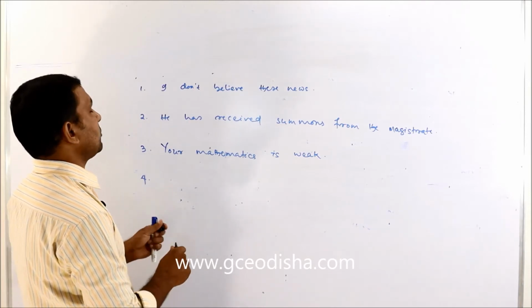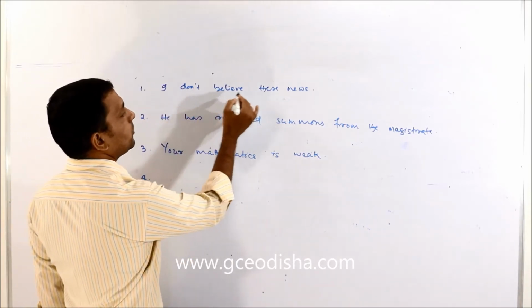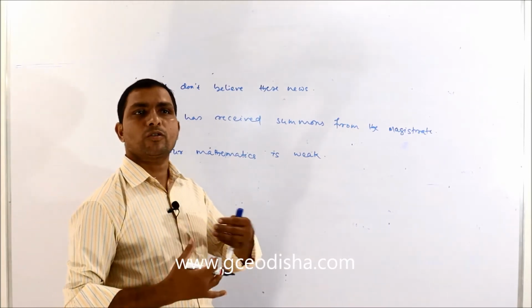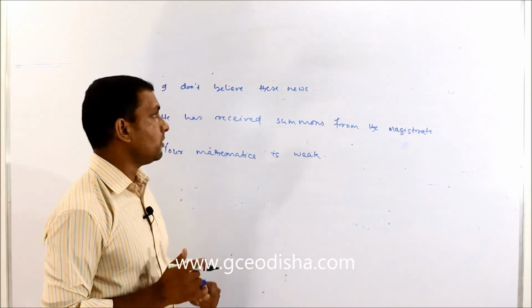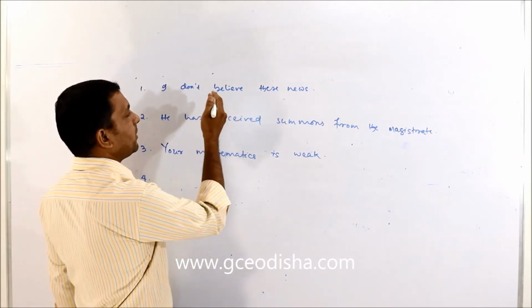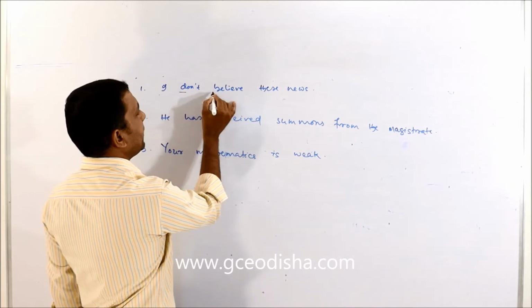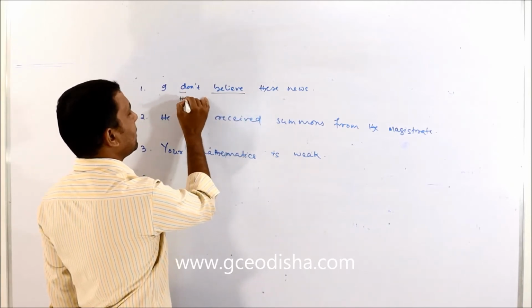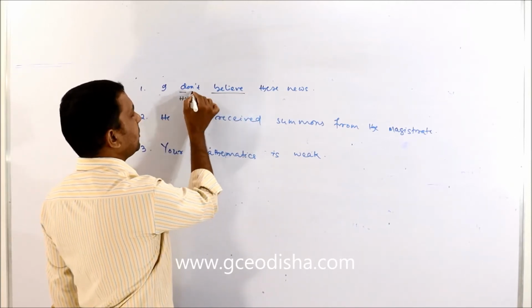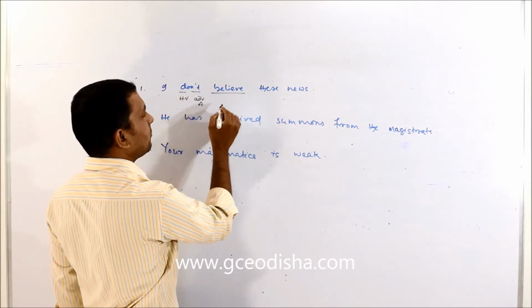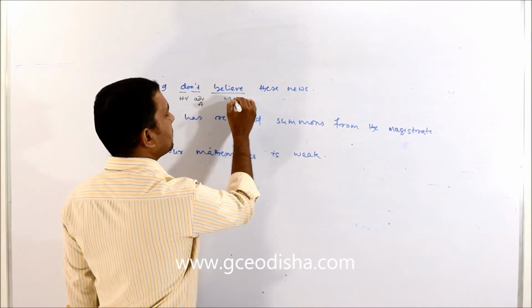So the first question is, I don't believe this news. So there is a question approach skill, right? Question approach skill is to identify the part of speech. Don't is the helping verb, do is the helping verb, not is an adverb of negation, and believe is the main verb.